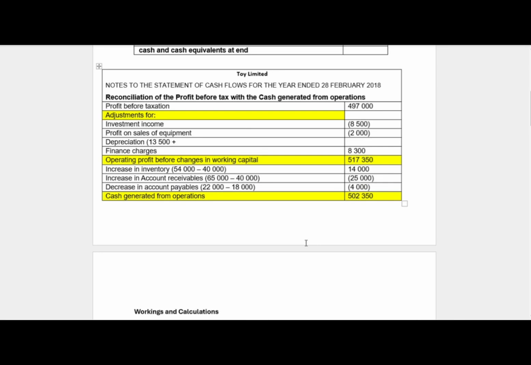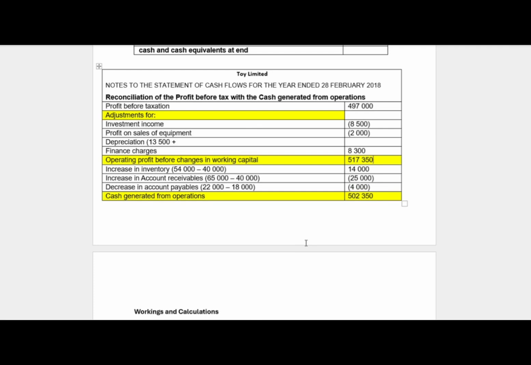Again, I think we are on the right track, right? Because it's 517,350. We less 8,300.